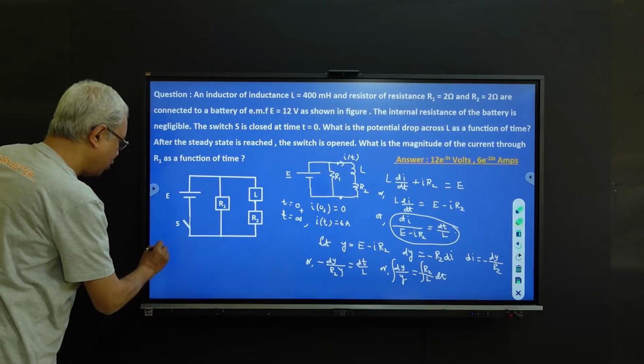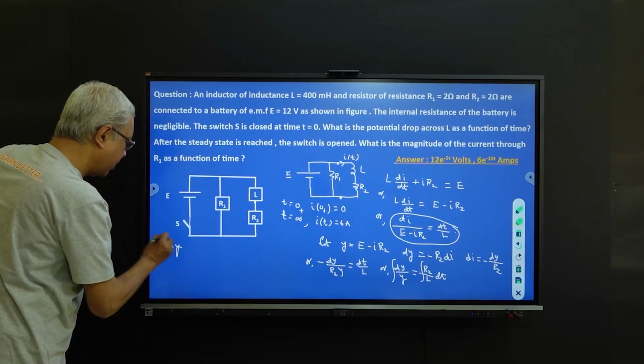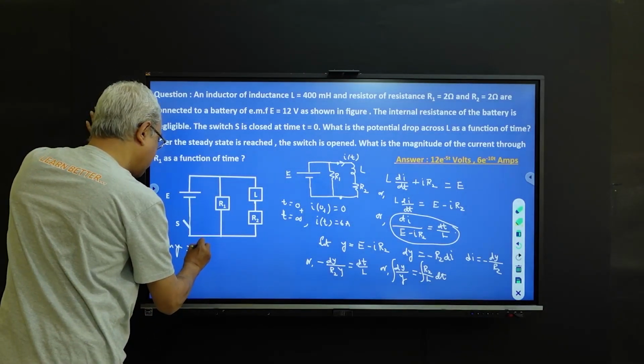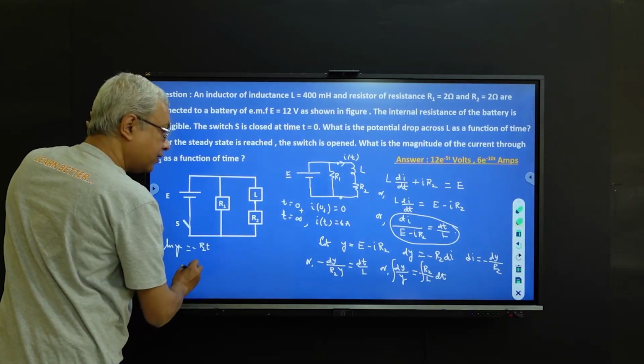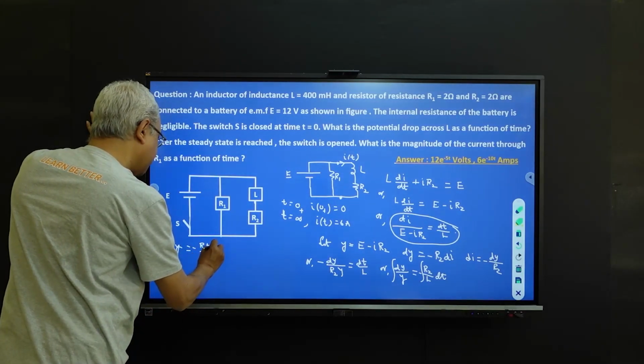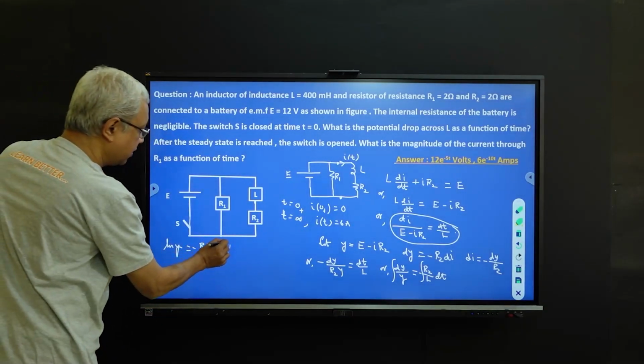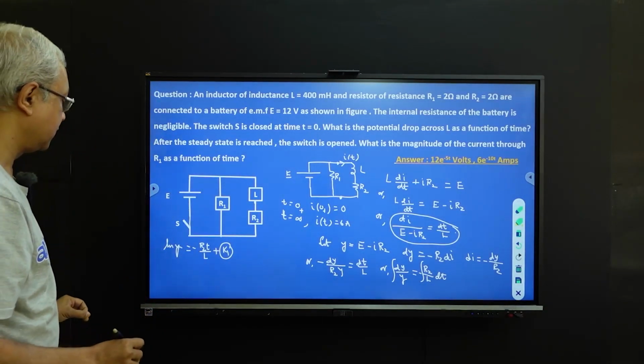So it is log of y base e is equal to minus R2 t by L plus K1. K1 is the constant of integration of this process.